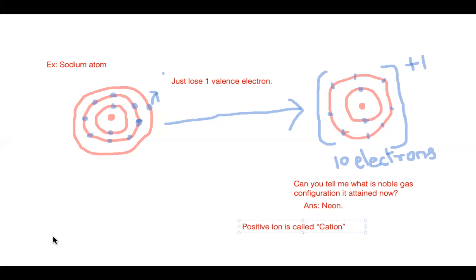So now can we see one more example? So this time I'm going to give an example with the atom which will gain electrons. Okay, have you copied this one? Okay, if you copied, then I'll clear this.